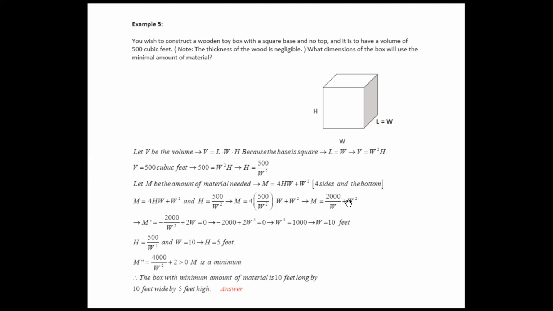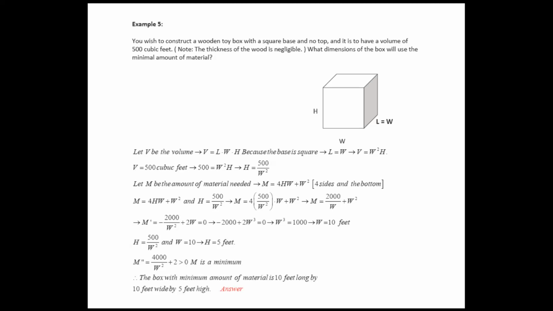When we take the derivative of W squared, we get 2W. We'll set it equal to 0. Okay? Now, let's simplify by multiplying everything by W squared. So when we multiply this term by W squared, we have just negative 2,000. When we multiply this term by W squared, we get 2W cubed. When we multiply 0 times W squared, we get 0.